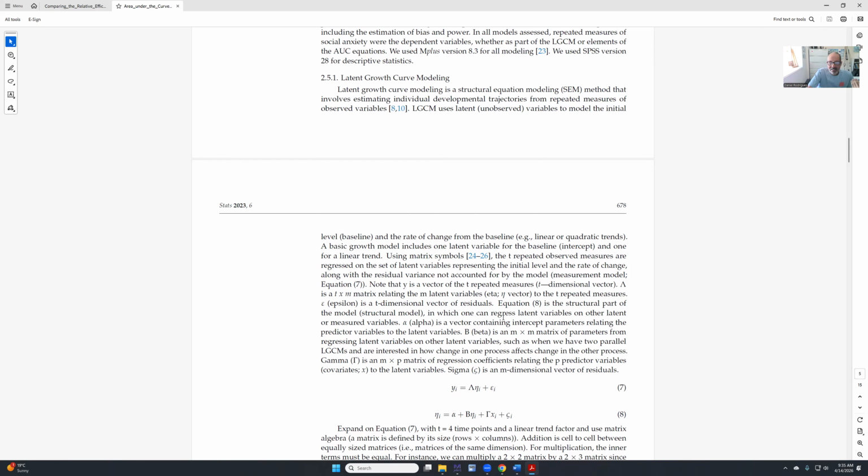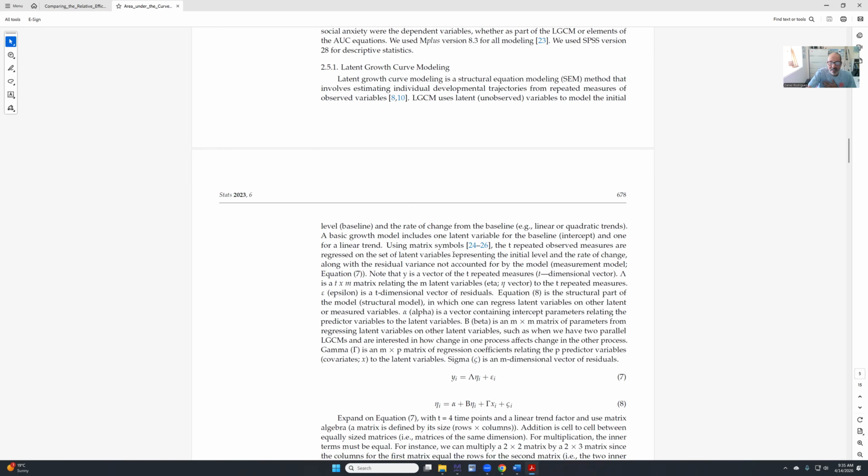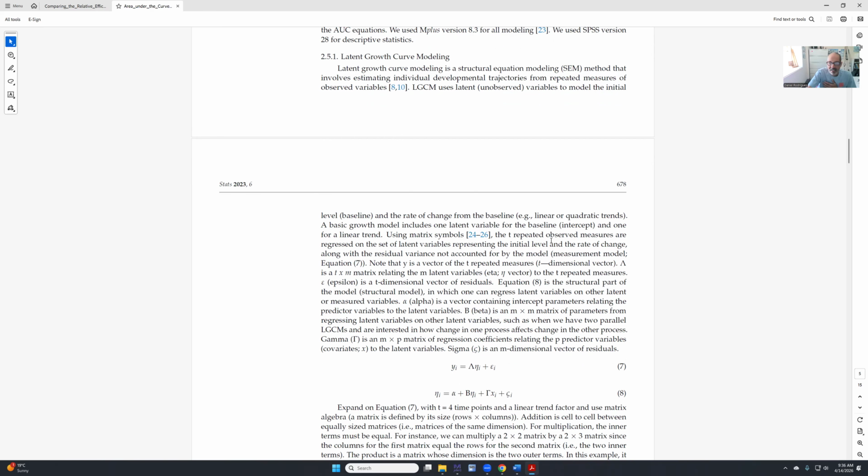We can model this trajectory as linear, quadratic, or whatever we want. We'll start, of course, with a linear one. The basic growth model includes one latent variable for the baseline intercept, and one for the linear trend. Sometimes we talk about a basic model with just two latent variables, one representing intercept and one representing rate of change.